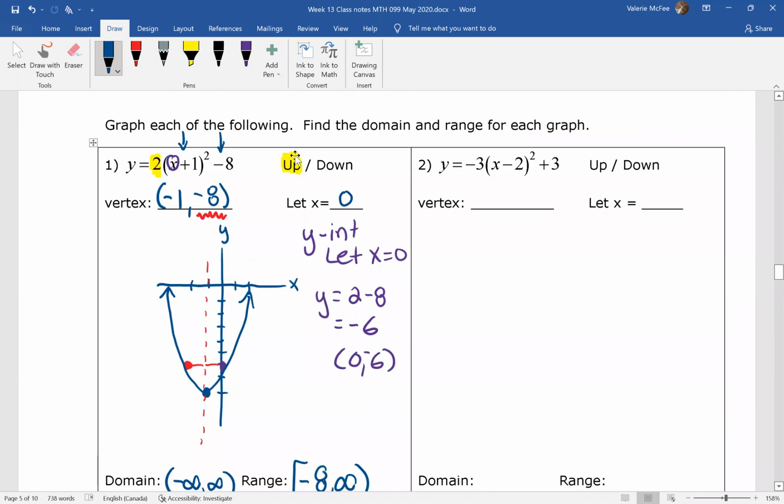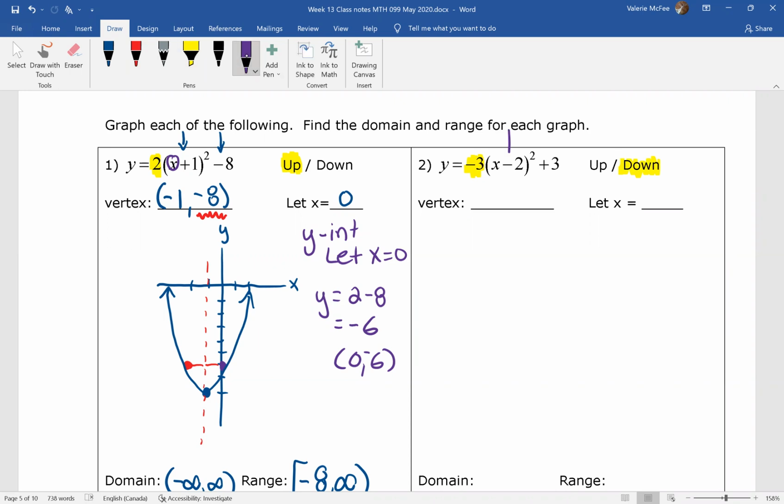All right, in question 2, can you pause your video, decide if the graph opens up or down, and find the vertex? We notice that a is negative, so we know it's going to open down.